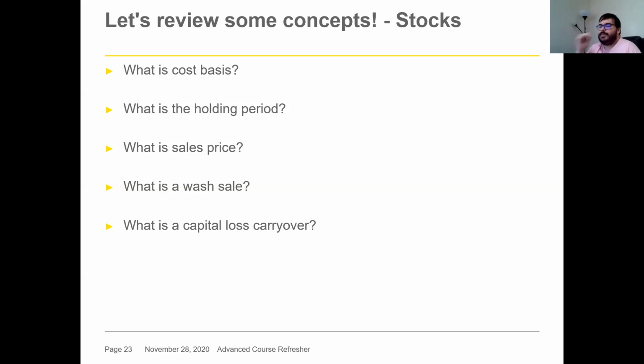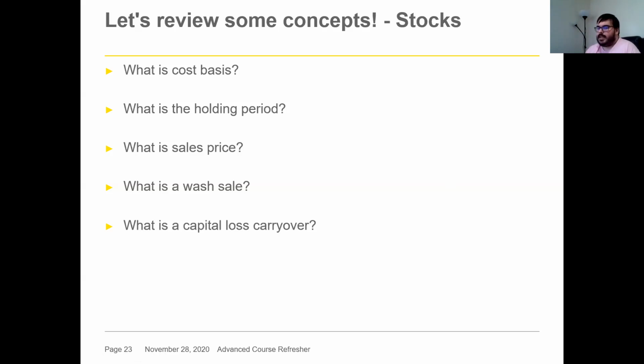But just in general, for simplicity, let's just say it's what you paid for it. Holding period is the period of time between you buying it and disposing of it. Sales price is literally whatever you got paid when you sold it.